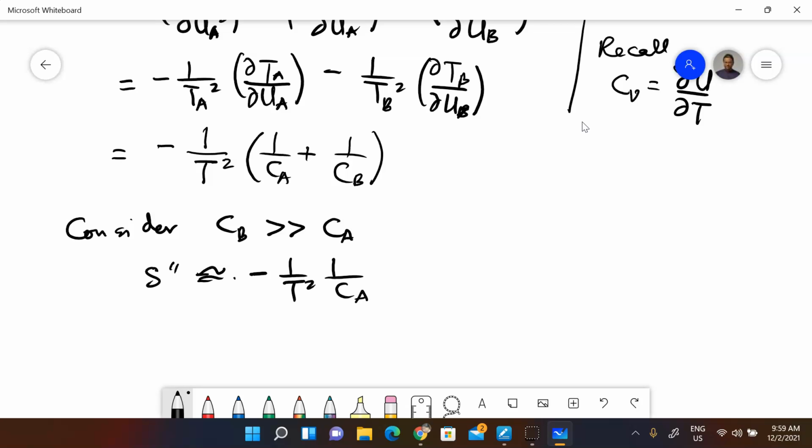That will actually give you the fluctuations. Remember, your S double dash is related to the fluctuations, so the fluctuations are related to the temperature squared multiplied with the heat capacity of the subsystem. So one could actually look at this sort of experimentally.